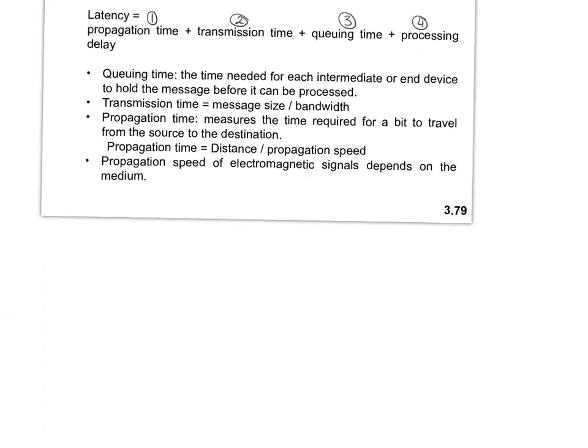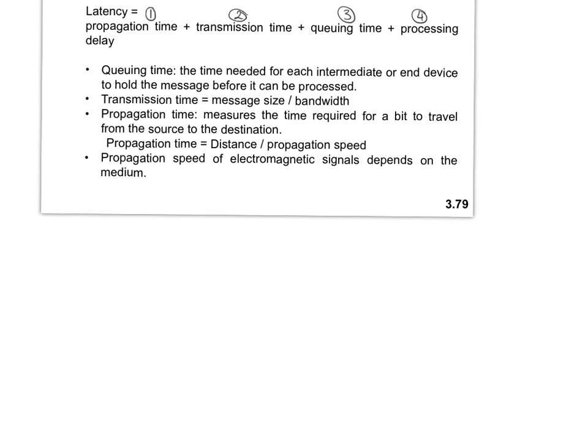The best thing is to visualize the internal process of any node in the network, whether it's a source or a switch or a router. If we look internally at any node, this node receives the protocol data unit from the upper layers, whether it's a packet or a frame or something.